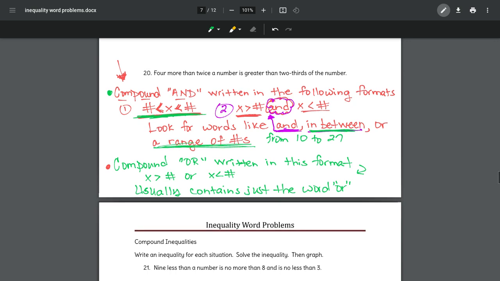Now, when it comes to compound or, they're very simple. Compound or will just be written in this format right here. And you'll usually just see the word or as an indicator that it's going to be a split inequality. Pause the video, make sure you get all this written down for me.